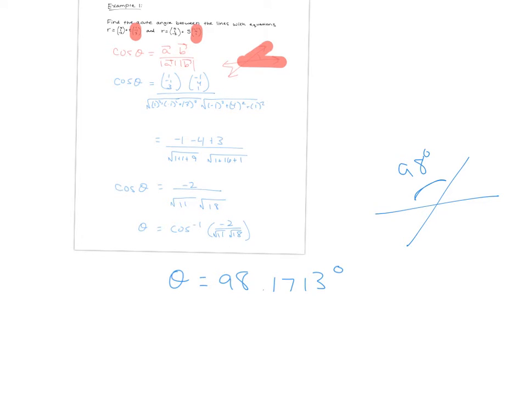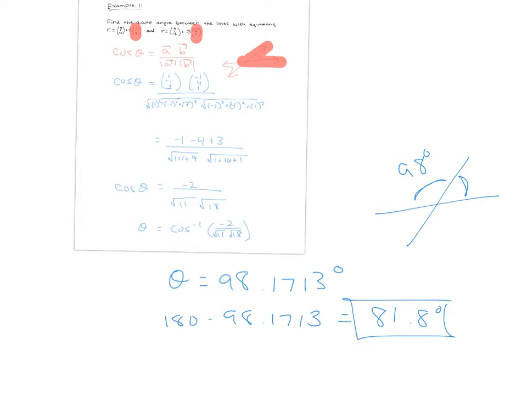So if this is 98 degrees, then this would have to total 180 with it. So we can do 180 minus the 98.1713. And that gives us 81.8. And that is an acute angle.